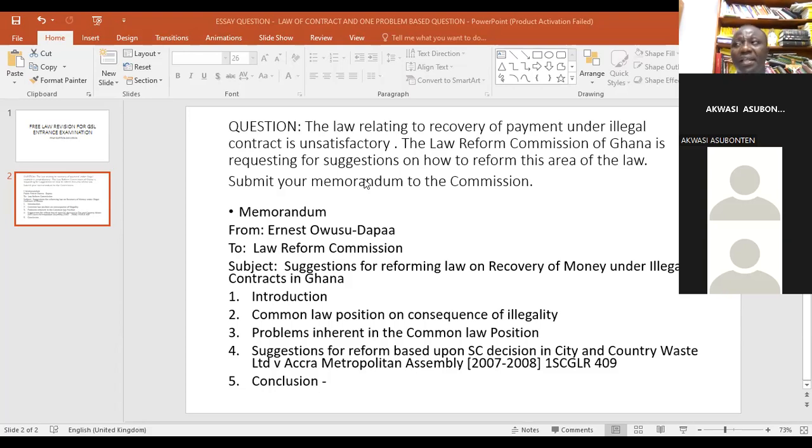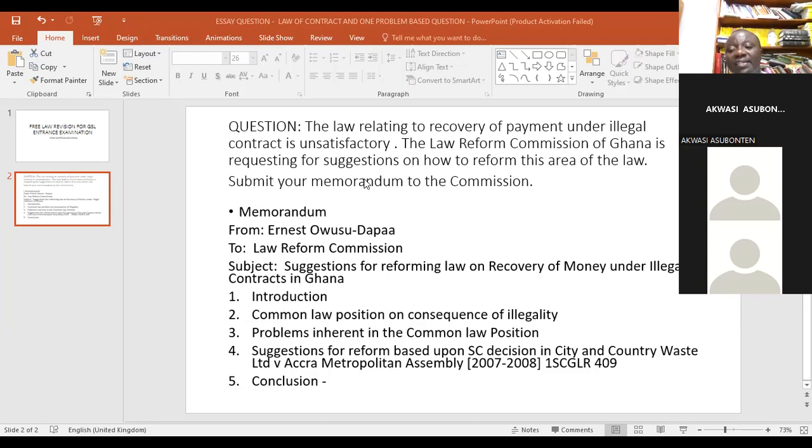If you are going to adhere strictly to the common law principle that illegal contracts should not be enforced, right, against also the reality of that particular situation, as to whether there has been an unjust enrichment.